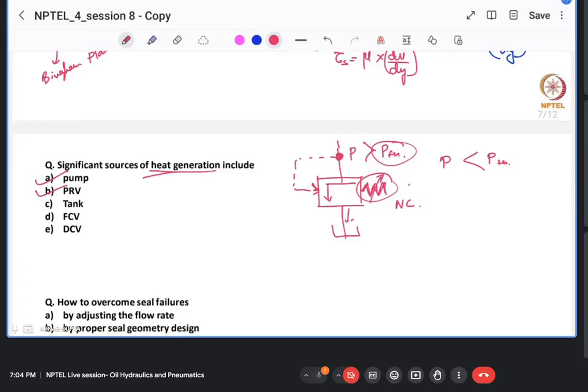There, due to changes in momentum from the changes in fluid velocity, there will be some losses. That loss is dissipated in the form of heat. So there also are possible chances of heat generation. So FCV and DCV will also be considered.